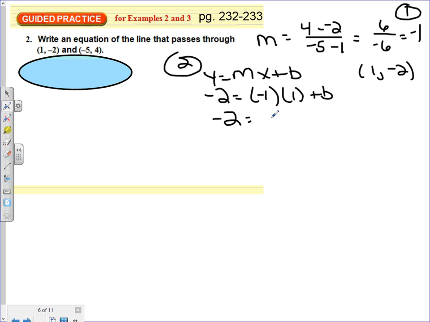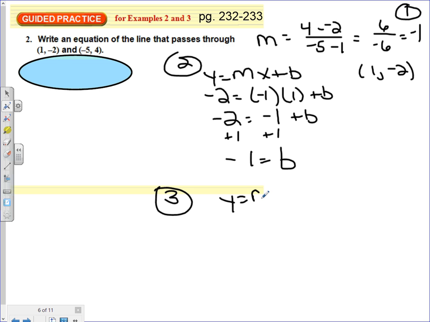Negative 2 is equal to negative 1 plus b. I add 1 and I add 1. Negative 1 is equal to b. So there's step 2. Step 3, y equals mx plus b. Y equals, my slope was negative 1x. My y-intercept was negative 1.